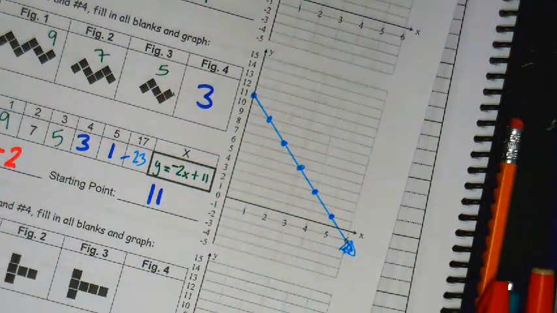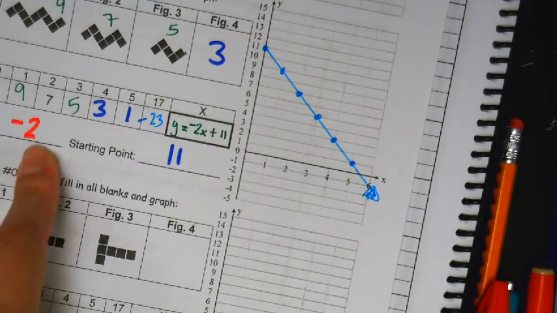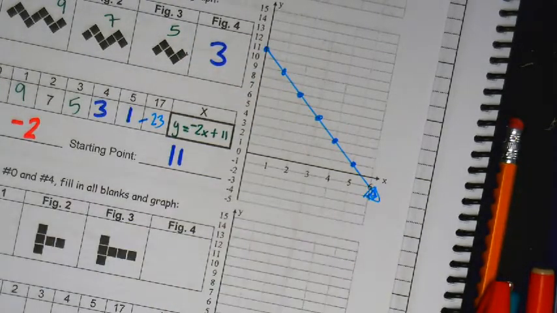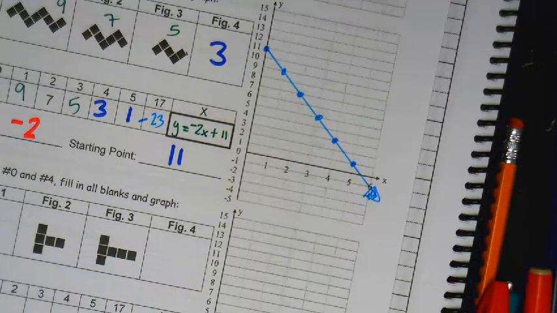Because my rate of change is a negative, it makes your line go down. When you have a rate of change with a negative coefficient, it's going to go down, down, down, down. All right. Any questions?